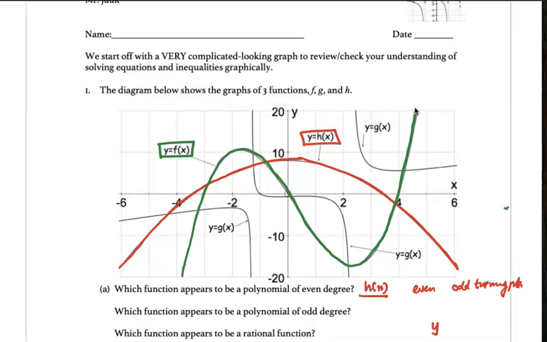So x squared will have one turning point, and a polynomial in x raised to 4 will have 3 turning points: 1, 2, 3. It's n minus 1 turning points. So, which is the odd degree? f(x), that's a cubic function. And rational is g(x).